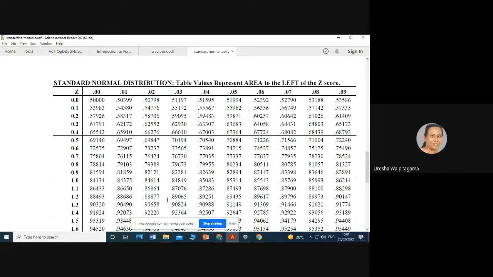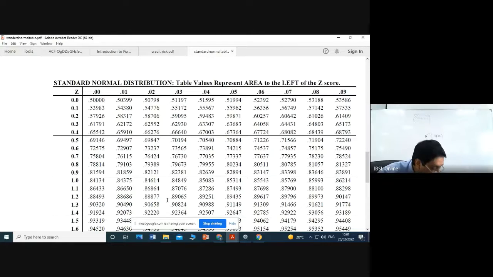Yes, sir. Definitely, it should be a closer figure, very close to 1.23. That's the thing. 1.229 is very close to 1.23. Because it comes as 0.89065, whereas our figure is 0.8906. That is the issue, no?